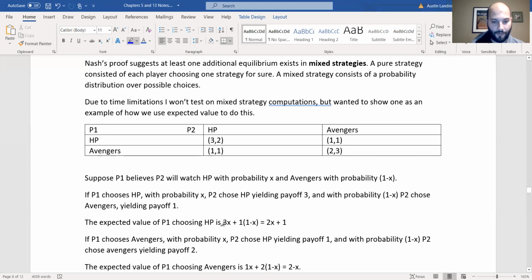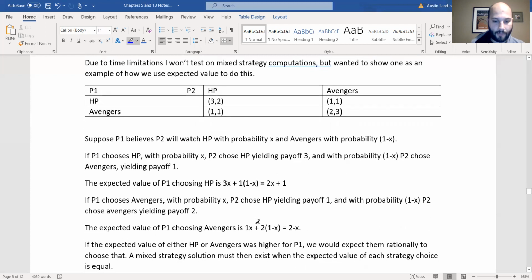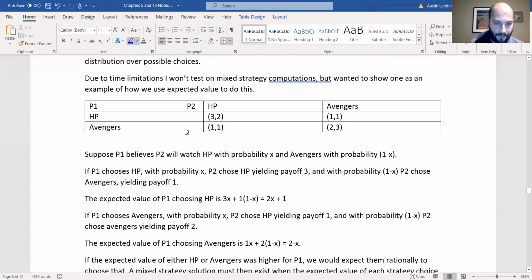So the value is 3 times X plus, also with probability 1 minus X, player 2 chose Avengers, in which case player 1 would get 1. All right, so this is what we're seeing here. The expected value of Avengers would be, with probability X, player 2 chose Harry Potter, gets a payout of 1. Probability 1 minus X, we get a payout of 2.